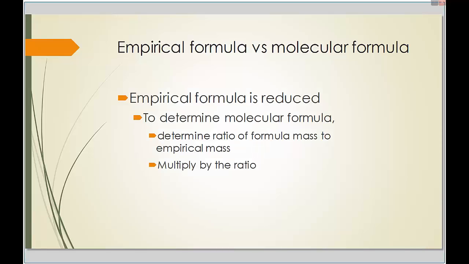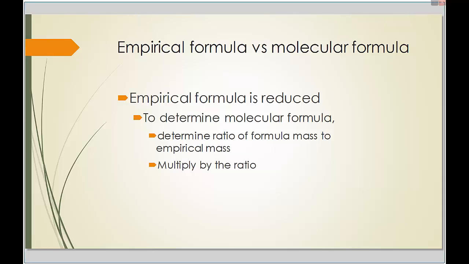Alright, so when we're comparing the empirical formula and the molecular formula, if it actually asks you what the molecular formula is, you have to figure out the mass of the empirical formula. Just like you would do the molar mass, calculate it by looking at the periodic table. They are typically giving you the molecular mass, so you don't actually have to calculate that.